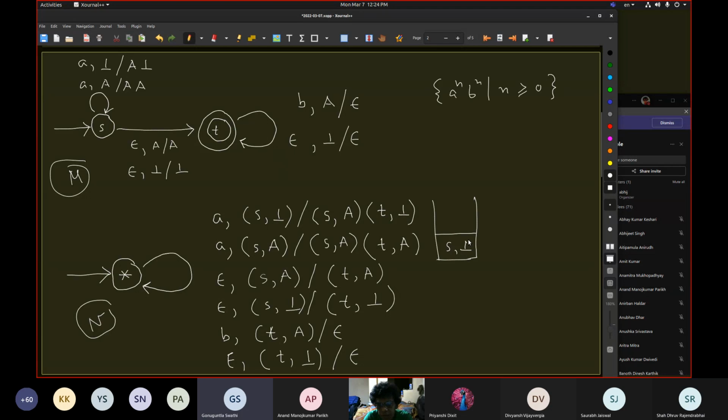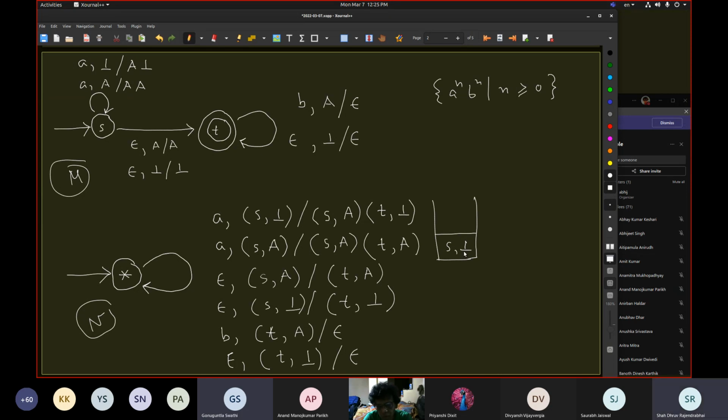So I can pop this out only if I am in state T. In state S, note that this stores the information of both the state and the stack top. This symbol means that the original machine M is still in the push mode. At that point, popping this out is not allowed.